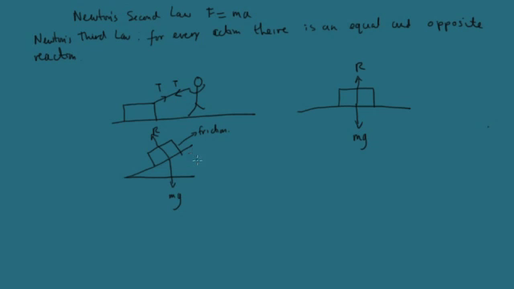It's pushing into the slope with its contact force, and the slope pushes back with an equal and opposite contact force. When we draw the force diagram, you usually show only the forces acting on the box. So here we show the normal contact force of the slope on the box.